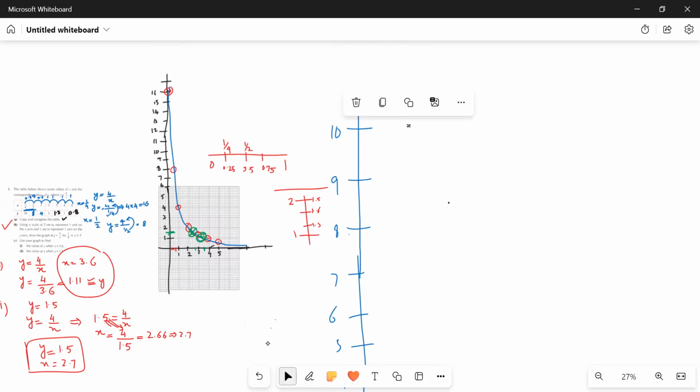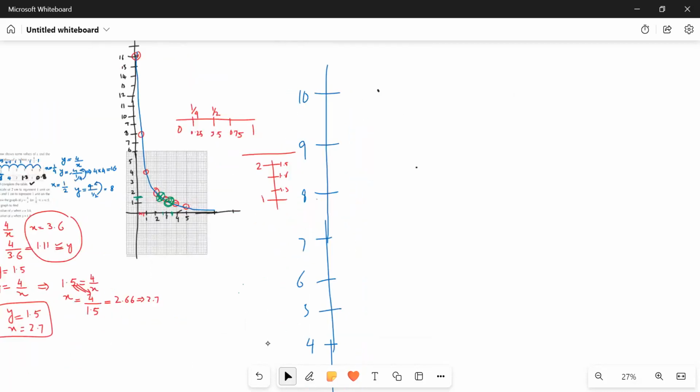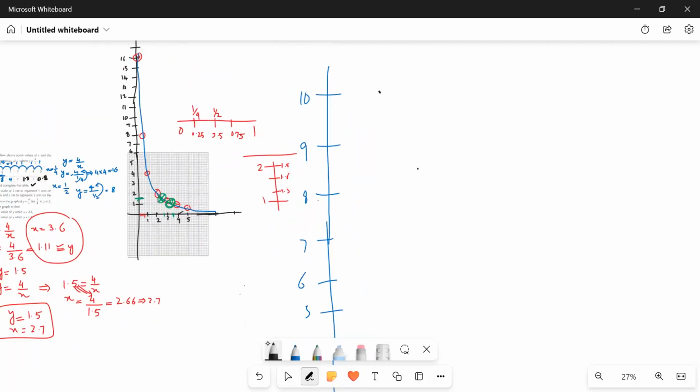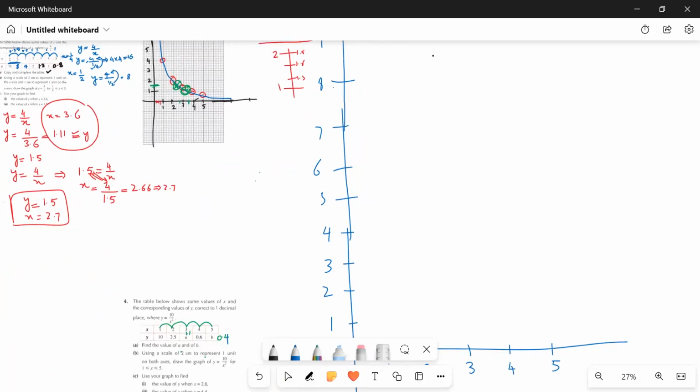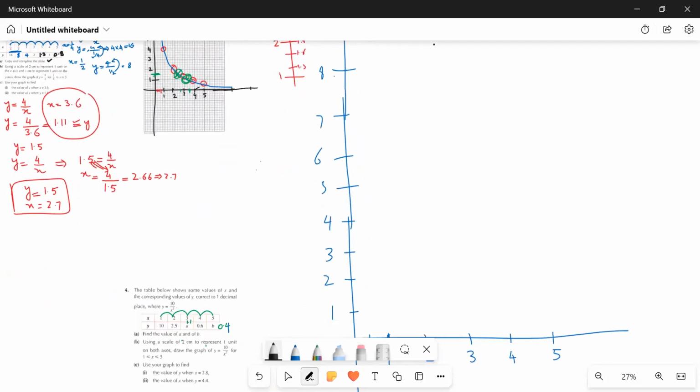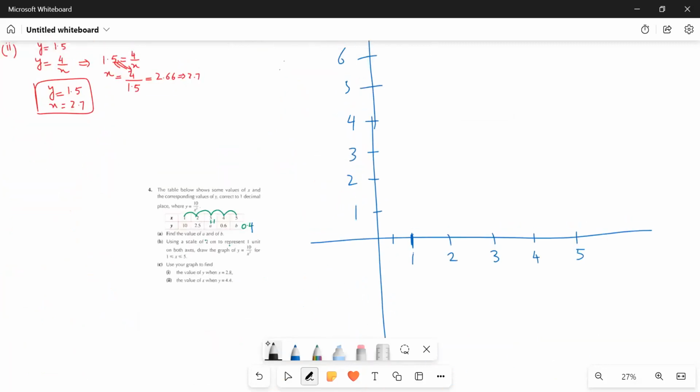Oh, it is this point. I'm taking this point. Okay, the second is for 2, it is 2.5. So it will be here, here.